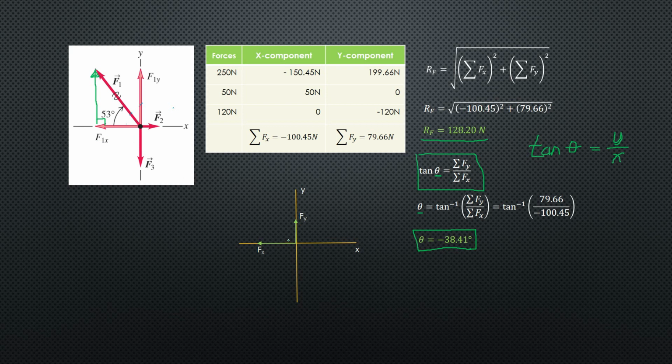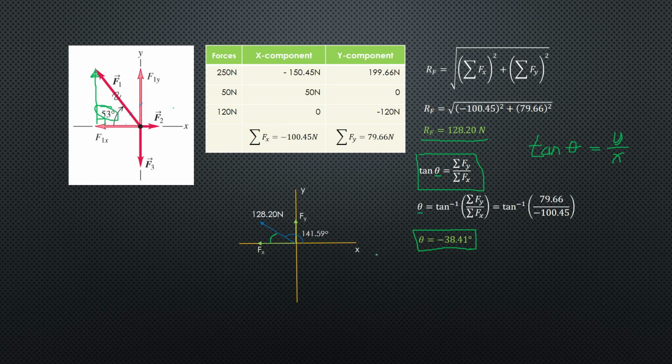The angle of this force is negative 38.41 if your basis is simply this one, but then the angle should be 141.59 degrees.